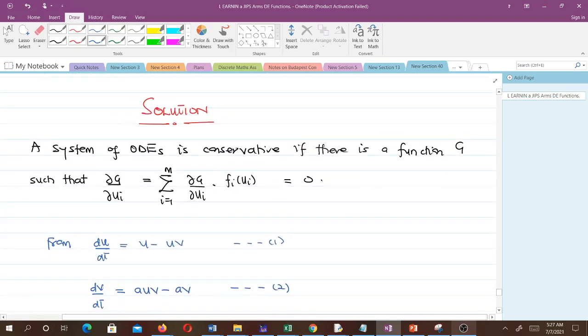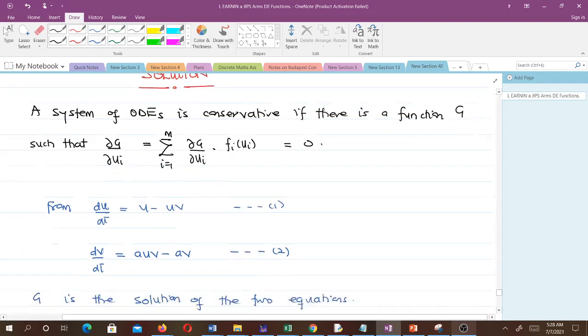As we said, a system of ODEs is conservative if there is a function g such that the sum over i from 1 to m of del g del ui times f_i of ui is equal to 0. If this condition holds, then that system of ODEs is said to be conservative.